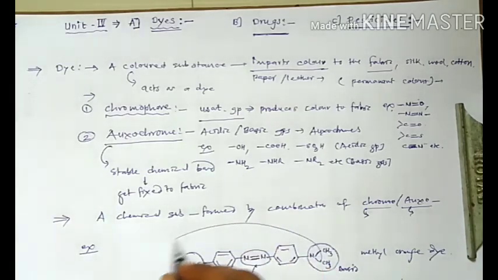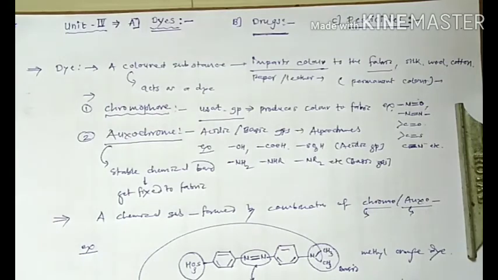Both of these are the oxochromes, and they form a stable chemical bond and get fixed to the fabric. So this is the simple composition and fixation of a dye on a fabric, isn't it?